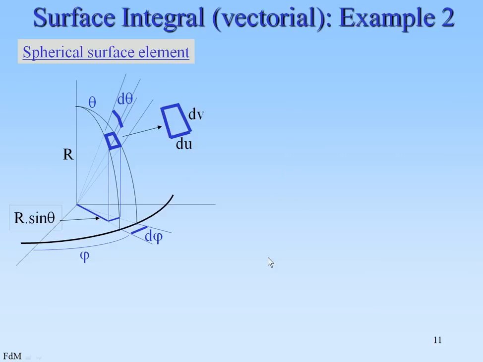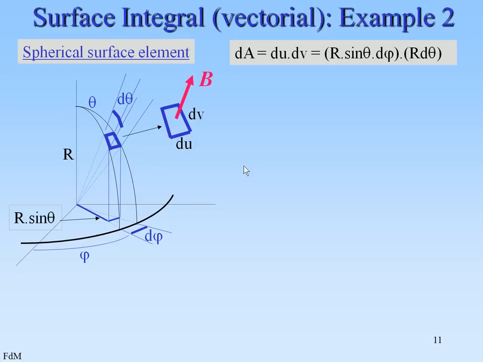Now, a surface integral over a sphere. The surface element is du times dv. du is r sine theta d phi. It's given here, r sine theta d phi. And dv is r d theta. And suppose we have a vector field B pointing outwards.